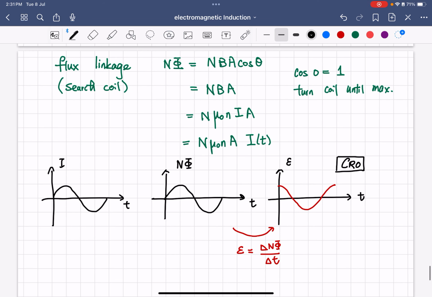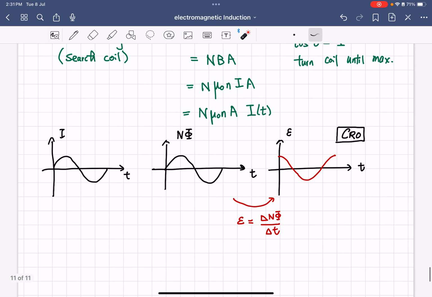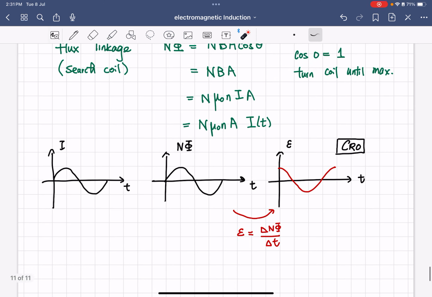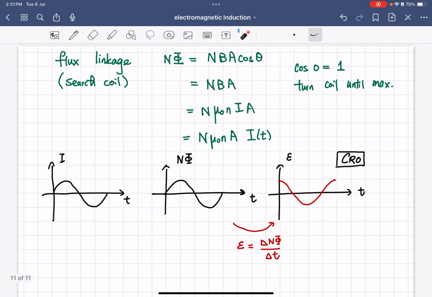So in practice, we can look at how high this value is. We need to look at the change in time.